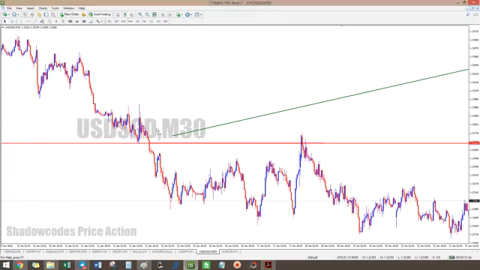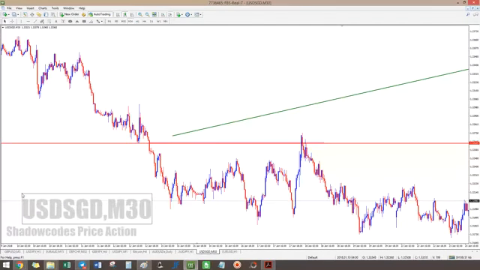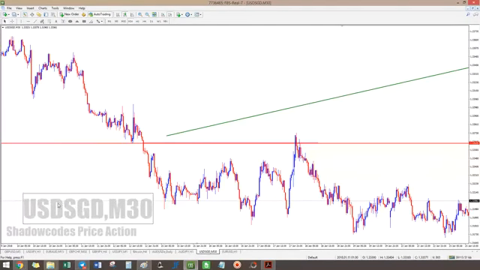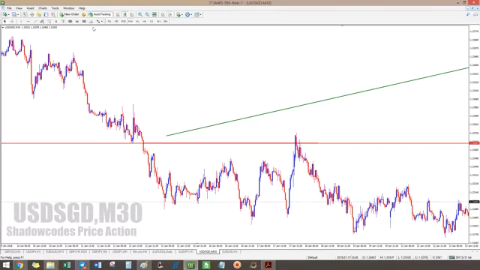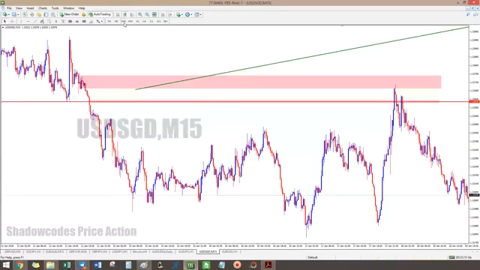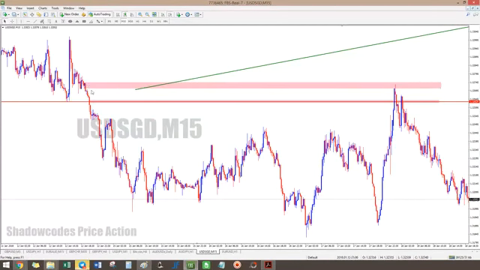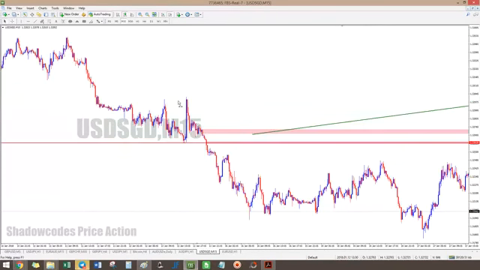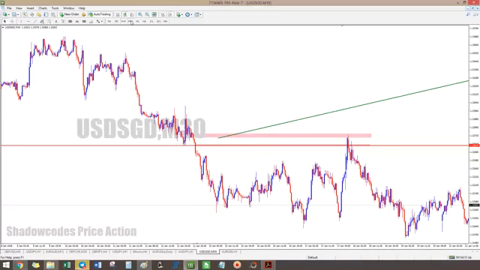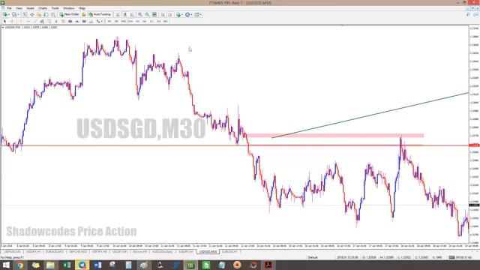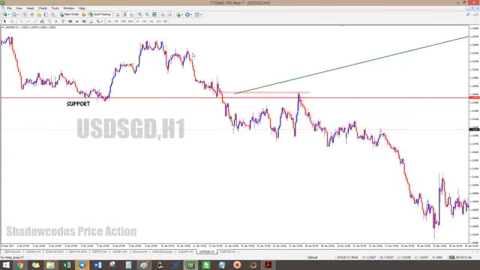So actually the decision point is out here. Just go to a lower time frame, and there it is, the decision point above the stop hunting level. Why? Because most of the traders will be trading this level.